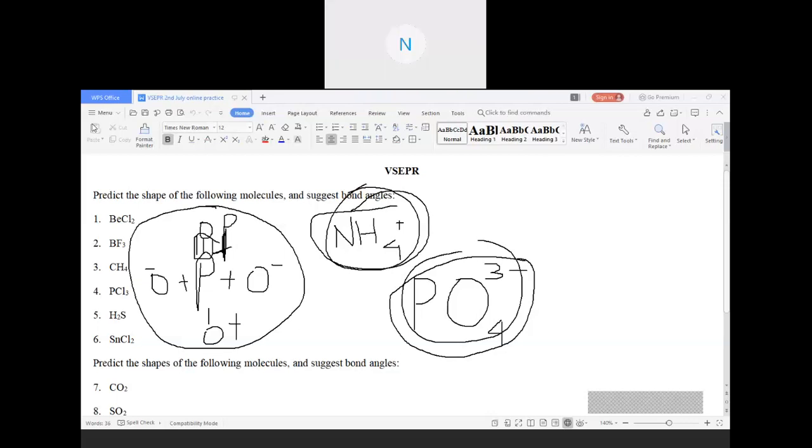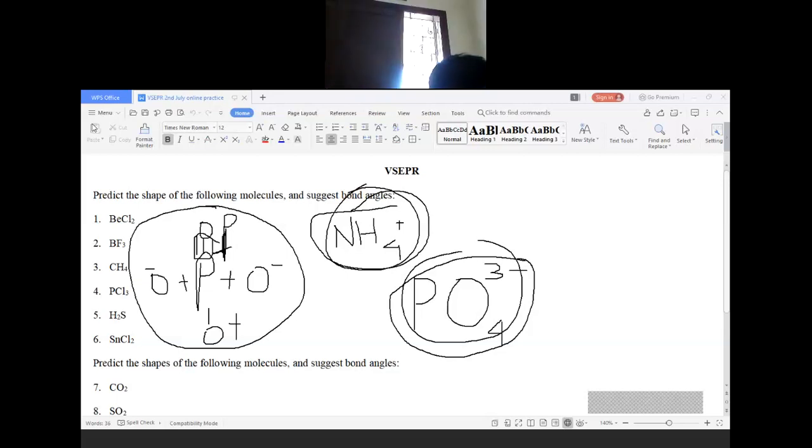I mean, I thought H plus is the hydrogen losing its electron, so there's zero electrons. Oh no. The plus belongs to the whole group.